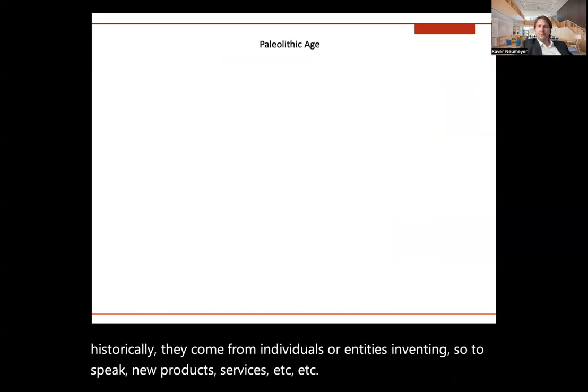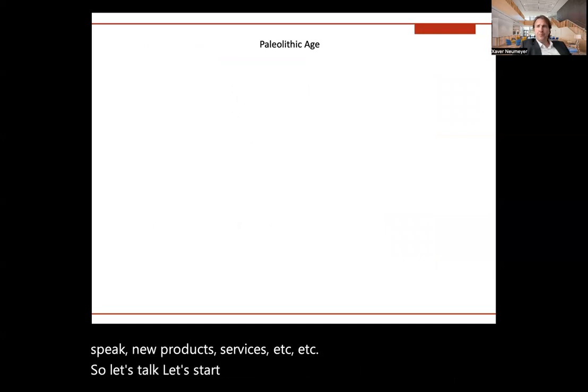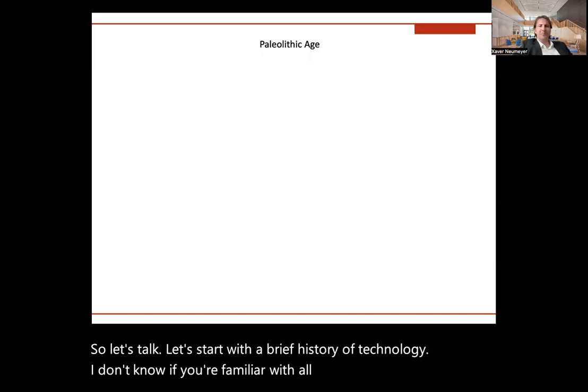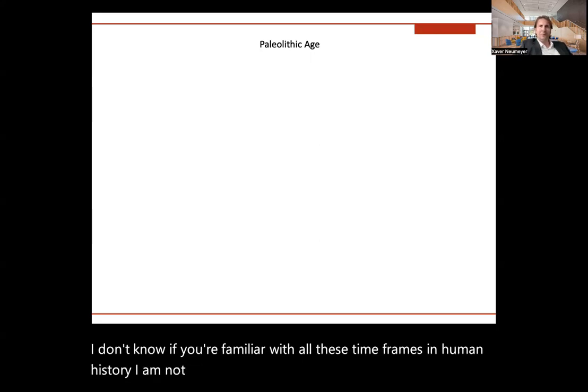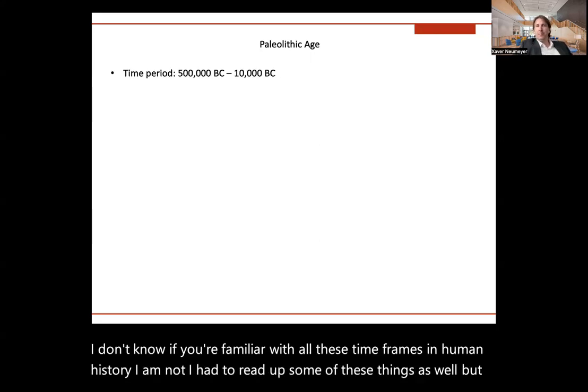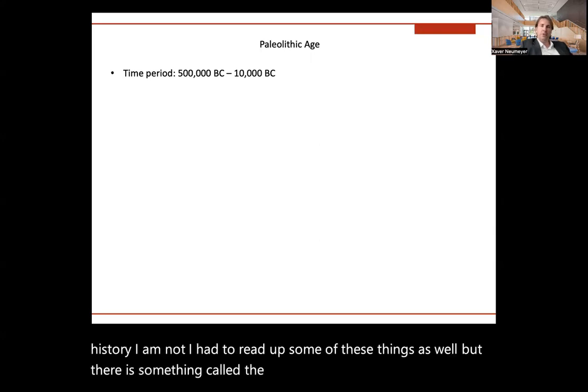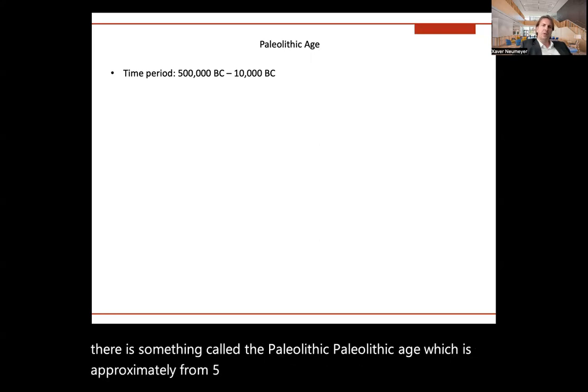So let's start with a brief history of technology. I don't know if you're familiar with all these time frames in human history. I am not, I had to read up on some of these things as well. There is something called the Paleolithic age, which is approximately from 500,000 BC to 10,000 BC or BCE.